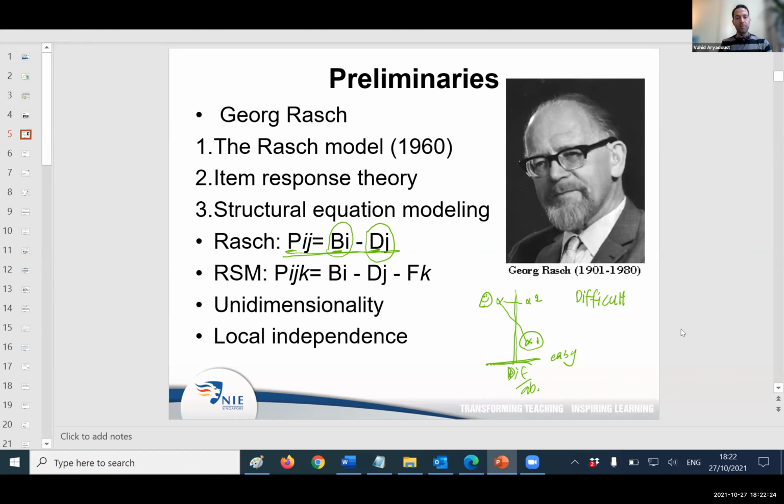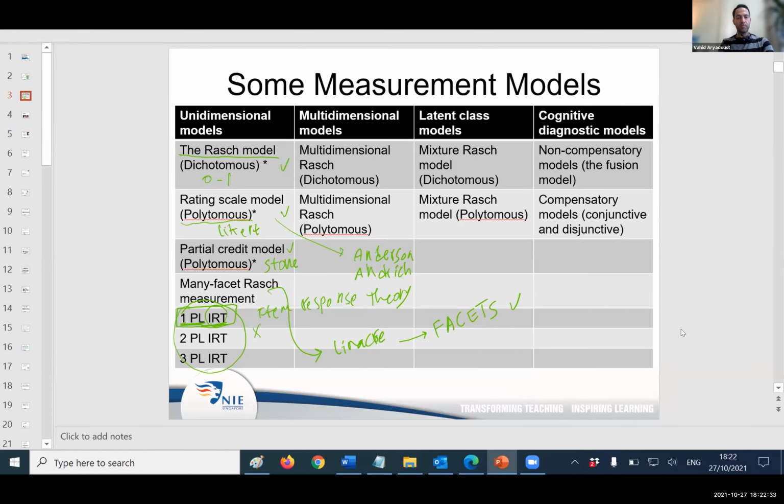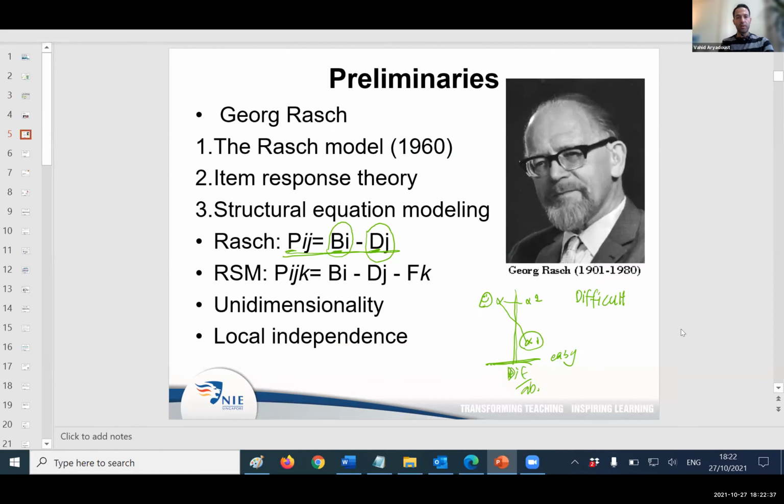Now, of course, if you're curious about what other models, I reviewed them here. The rating scale model and the partial credit model only add one more parameter, and this is called the step parameter, or the tau parameter.